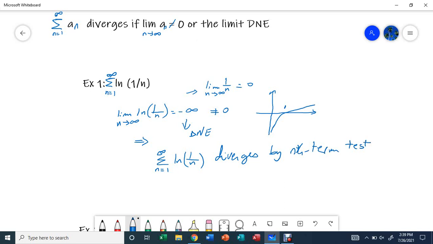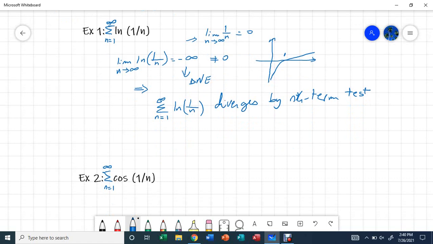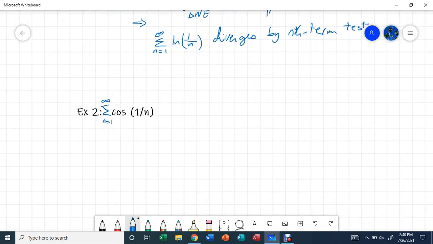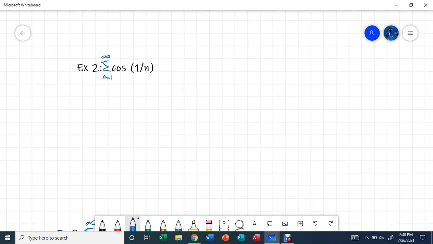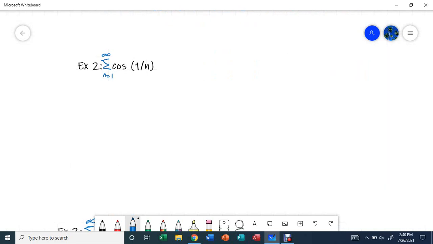Now let's look at another example using the same technique. The series cosine of 1 over n. Let's find the limit of cosine of 1 over n as n goes to infinity.